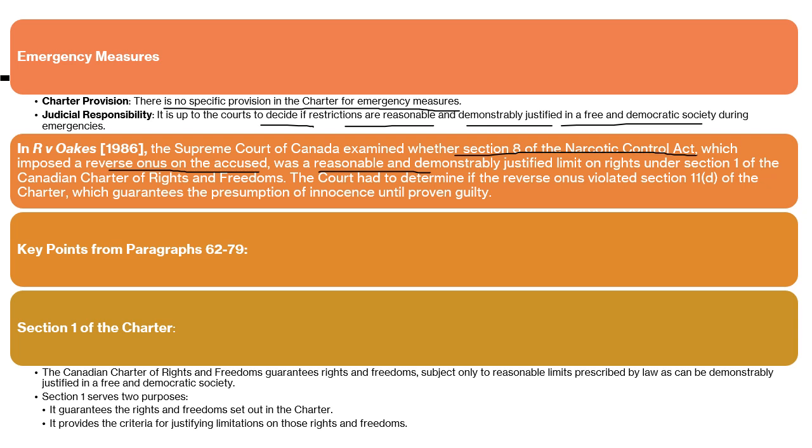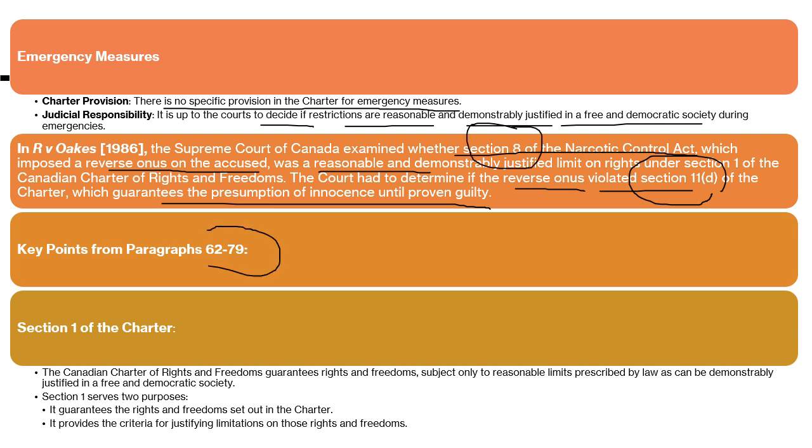The court had to determine if the reverse onus violated Section 11(d) of the Charter, which guarantees presumption of innocence until proven guilty. So Section 11(d) of the Charter was in question, and Section 8 of the Narcotic Control Act.